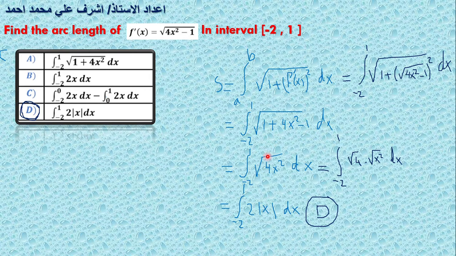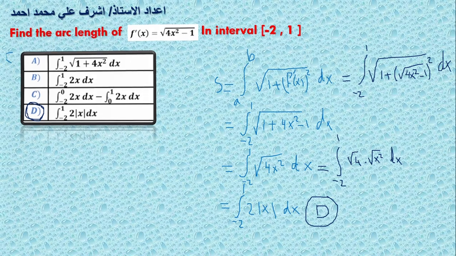So the radical of 4x squared. The radical of 4 is 2. The radical of x squared is the absolute value of x. Why? Because this is arc length, and how can we get a negative arc length? It has to be positive. So our right choice is D.